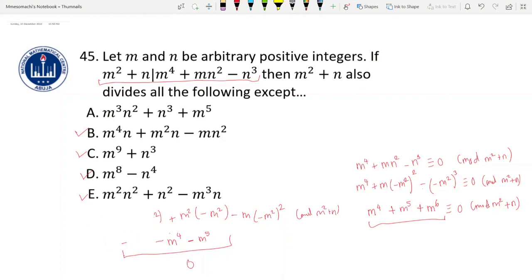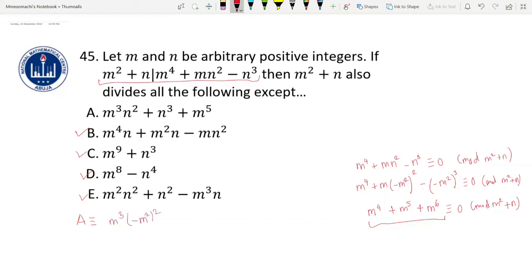So just to be thorough, we test for A. Okay, so option A is congruent to, so this is m cubed, so I'll just keep that, m squared plus negative m squared cubed plus m to the fifth power, which is equivalent to m to the seventh power, so I'll just skip that, minus m to the 6th power plus m to the 5th power.